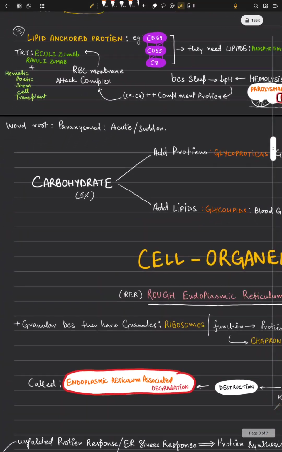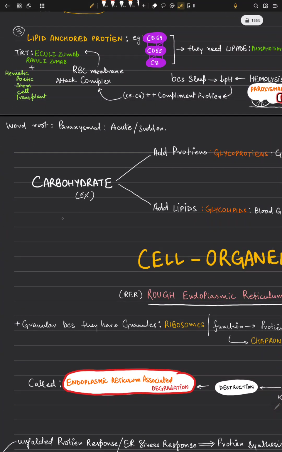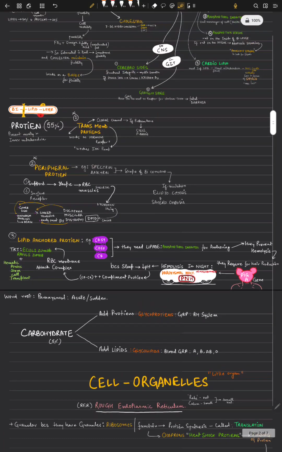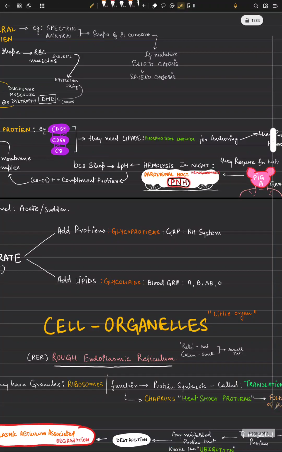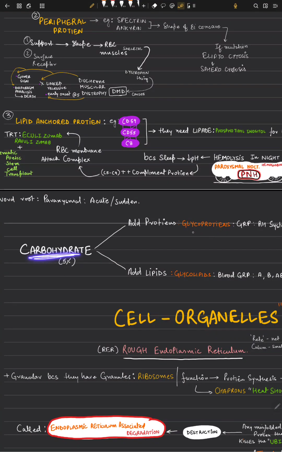Okay, carbohydrates. Not going to talk about them a lot. Only 5% present in the whole membrane. If we add carbs to proteins, we get glycoproteins. If we add carbs to lipids, we get glycolipids. Cool.